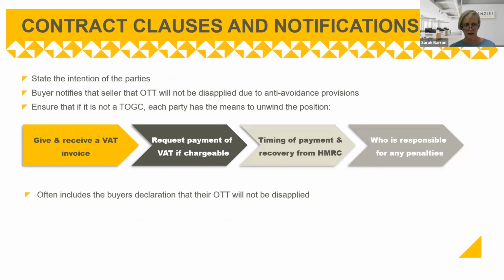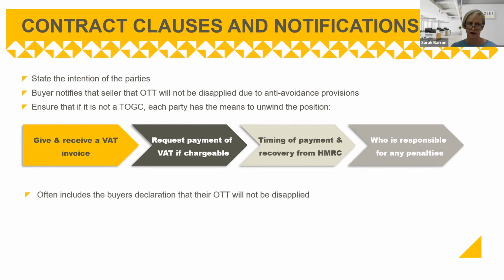So if we've got all the criteria met and we're happy it's a TOGC, but I'm asked to review a contract to make sure that we've covered all the clauses and all the right protections, I'm not teaching any of you to suck eggs, and I don't draft legal documents, but if I'm asked to review something, I would just check that it states that the intentions of both parties are clearly stated, and that if anything goes wrong, it gives both parties the right to unwind the position.